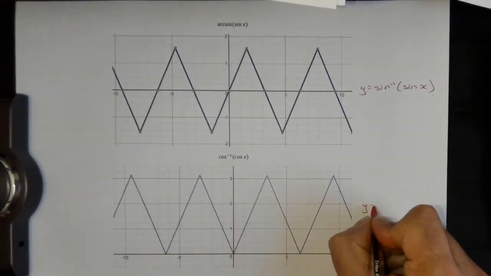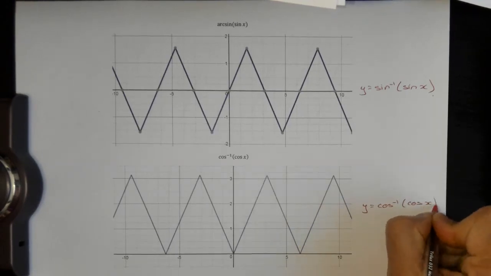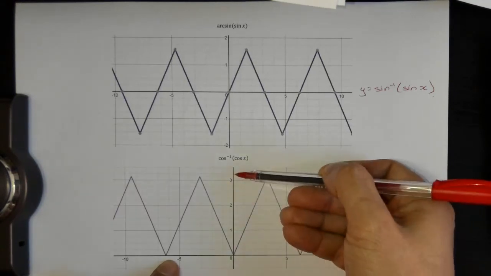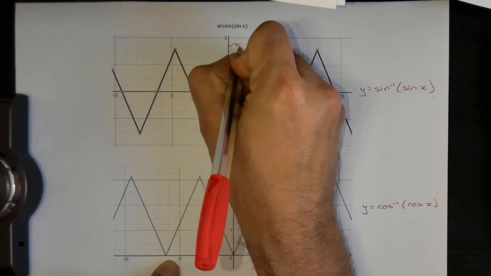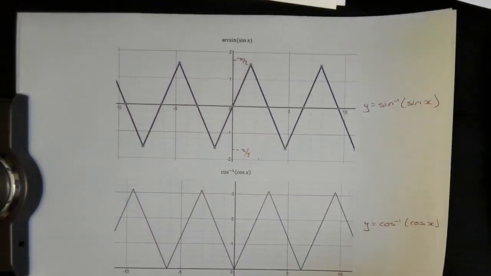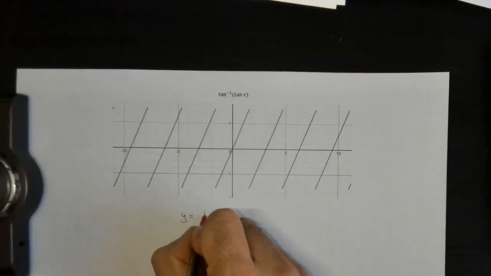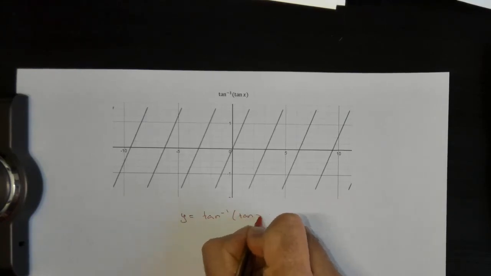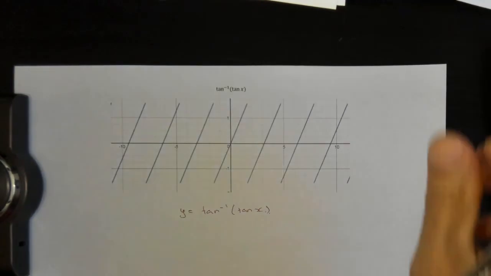If we wanted arc cos or inverse cos of cos x, we get the similar graph but moved between 0 and pi. Yeah, so here, as you can tell, this is pi on 2, and this is negative pi on 2. And finally, we get inverse tan or arctan of tan x. Okay, and that's it. Thank you very much.